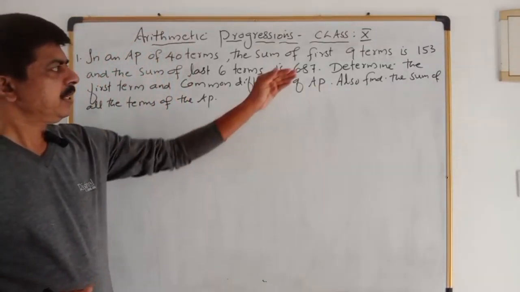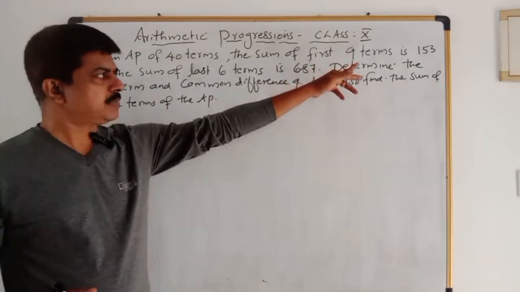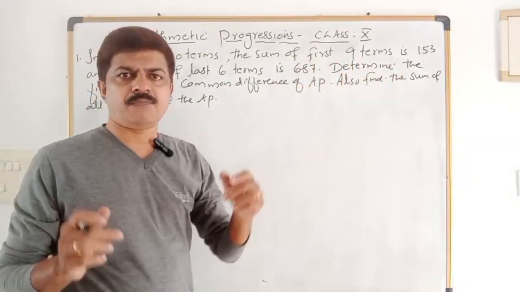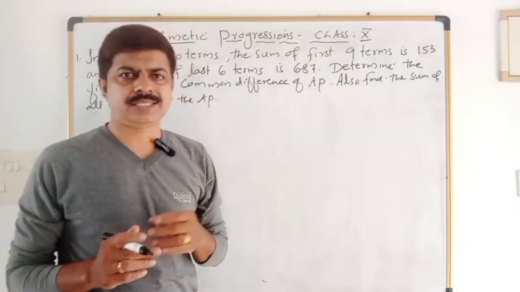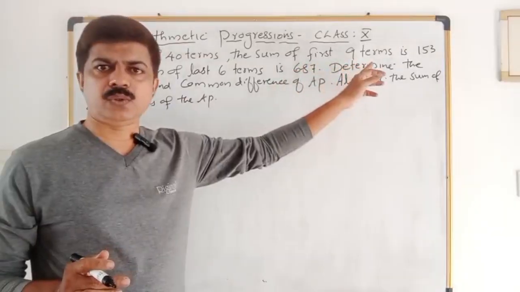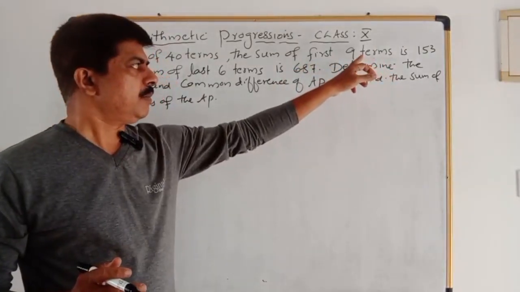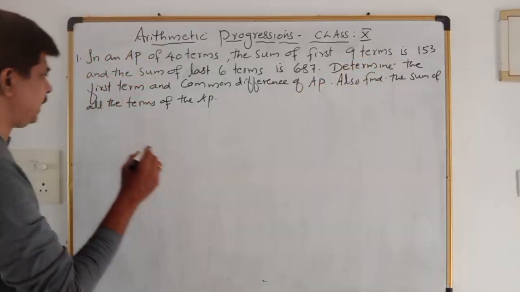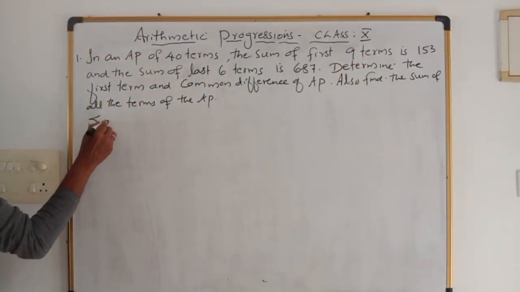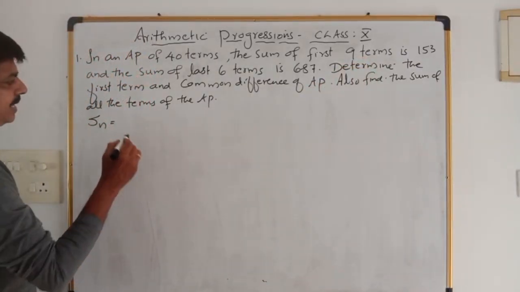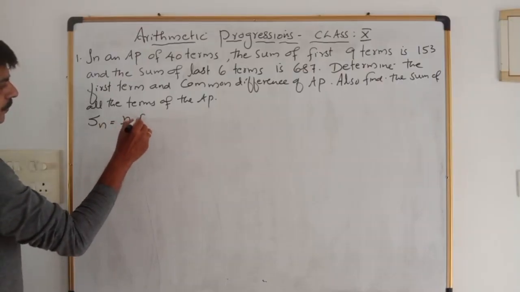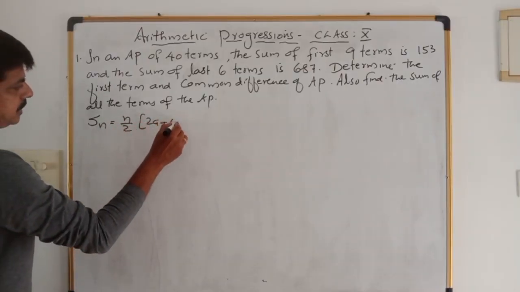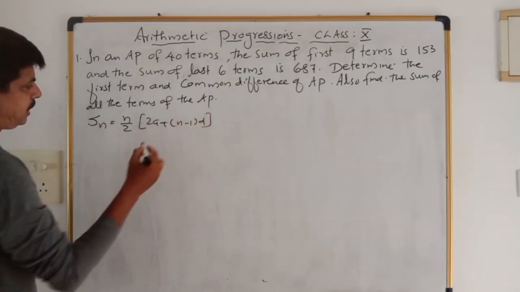So we are given the sum of the first 9 terms is 153. We know the sum formula Sn. How to find Sn? Sn is equal to n by 2 into 2a plus (n minus 1)d. Let us begin with the formula.